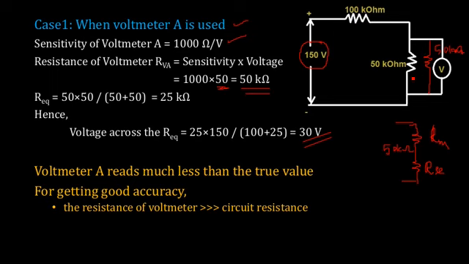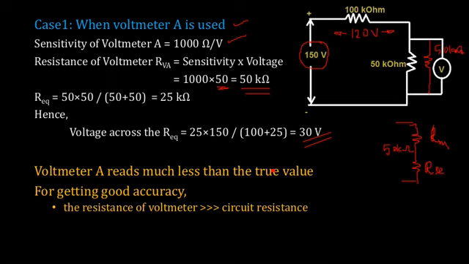It is acting as if a load with value 50 kilo ohm is connected here, in addition to the load which is already present. So you are getting only 30 volt across it because the rest of the 120 volt will be coming across this 100 kilo ohm.